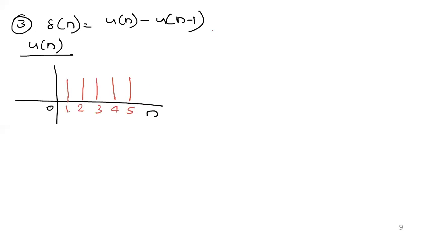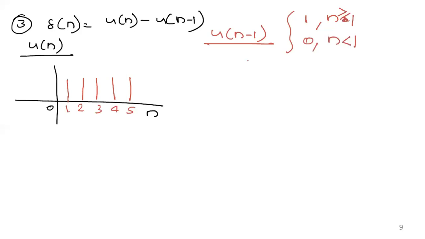Now we need u of n minus 1. So n minus 1 means how will it come? You know that u of n is equal to 1 at n equal to 0, and it is equal to 0 for n less than 0.